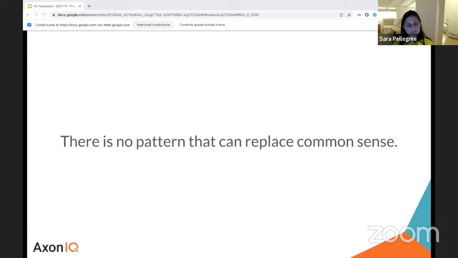But as we wrote in the last slide, this does not mean that you should detach all command handlers. If there are command handlers that make sense to put together and to have everything in the same component, it's still a valid option, and it should be like that, I believe.